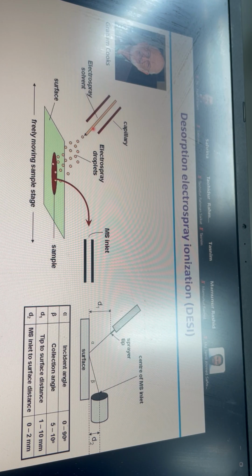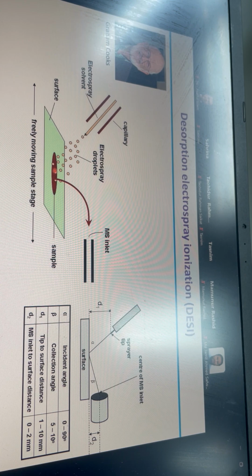So if you have methanol, ethanol, you electrospray the solvent on the blood sample or tissue sample, then you can do imaging. If you have a tissue sample, and you want to see what metabolites are generated in the cancer tissue, then you can do imaging.